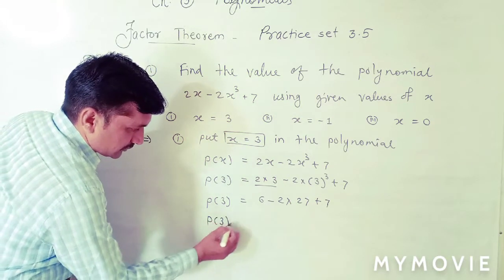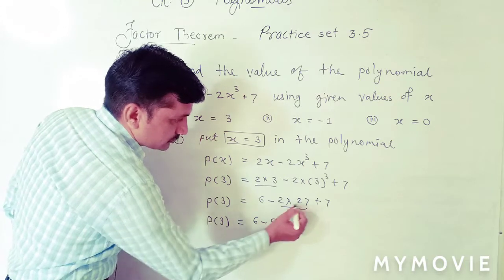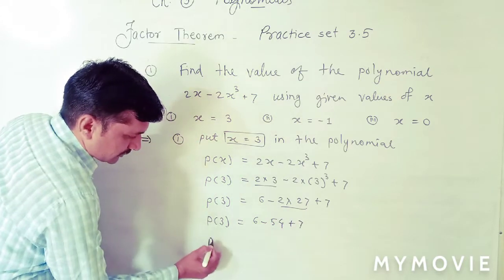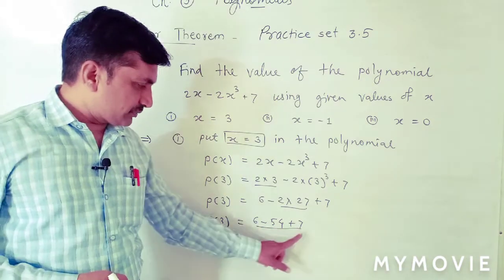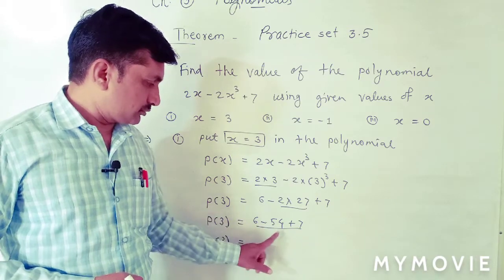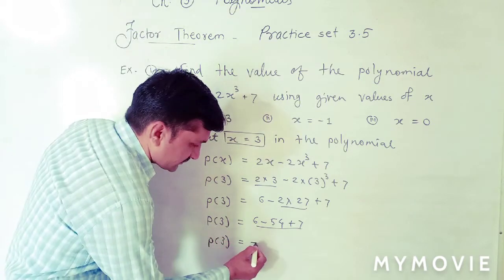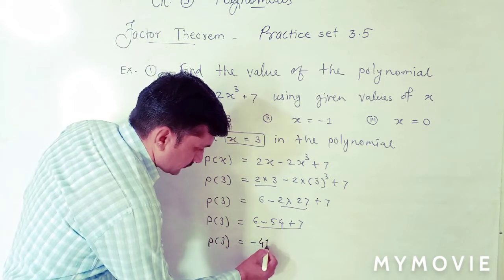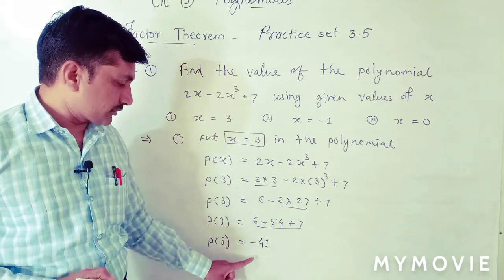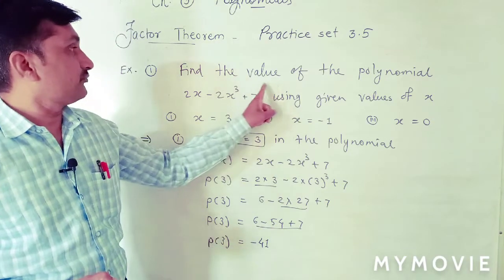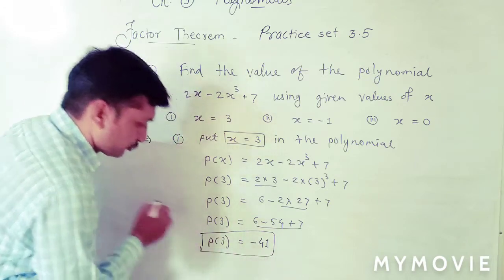P of 3 is equal to 6 minus 27 2s are 54 plus 7. Therefore P of 3 is equal to, now 6 plus 7 is 13, 13 minus 54 is minus 41. Now this is the value of the polynomial, minus 41.